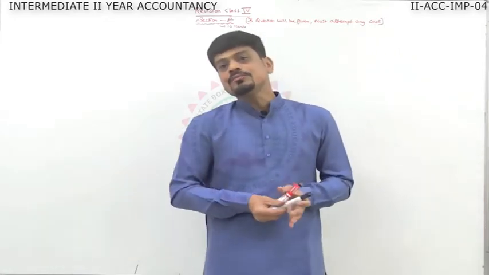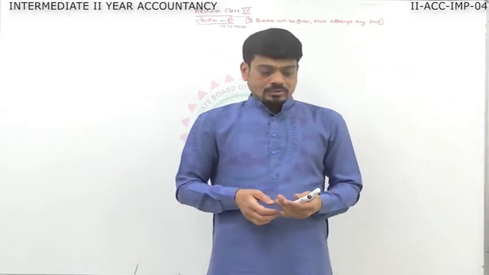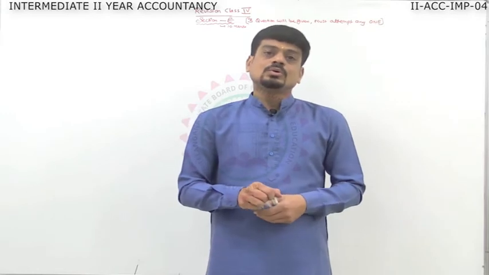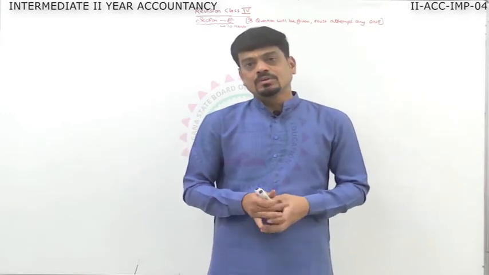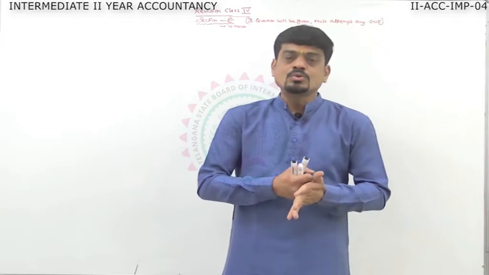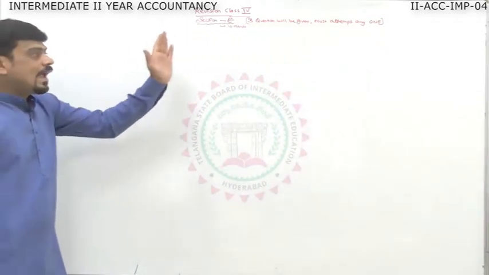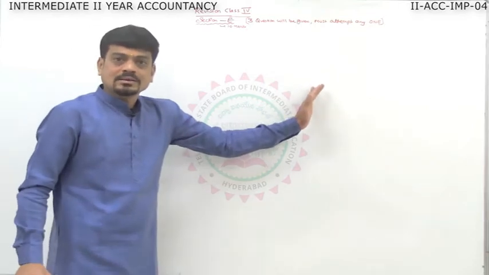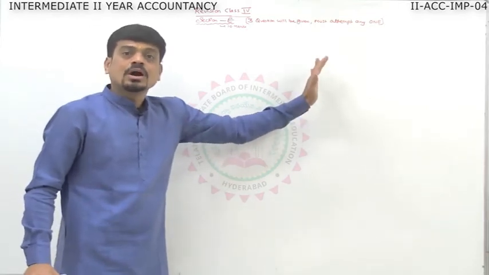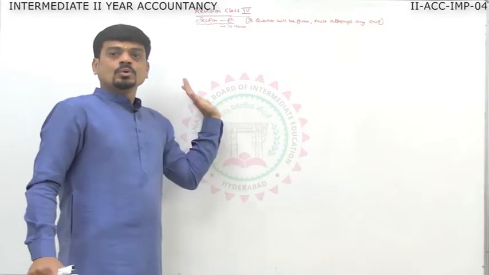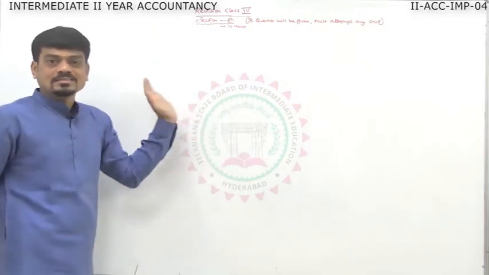I am going to give you the guidelines now, how we are going to attempt this section: those who are planning to attempt consignment, how you are going to prepare, and those who are planning to prepare income and expenditure account, how you are going to do it. So, I am going to group this into two parts.